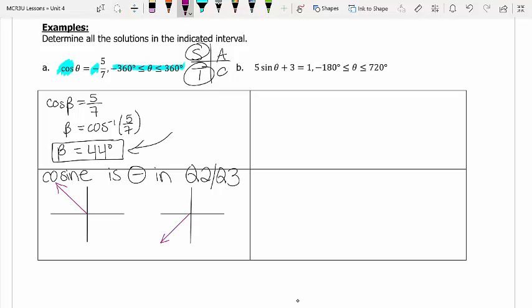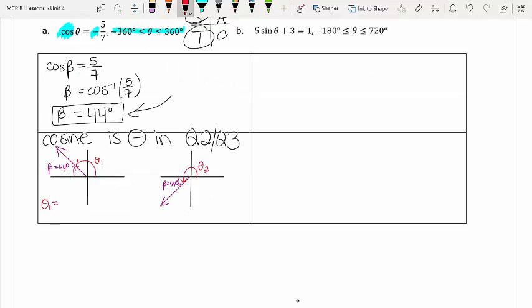degrees. Here is a terminal arm in quadrant 2 with a related acute angle of 44 degrees, and here's a terminal arm in quadrant 3 with a related acute angle of 44 degrees. So our first value of theta is going to be 180 minus that related acute angle, and our second value of theta is going to be 180 plus that related acute angle.